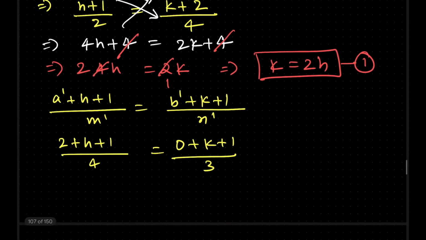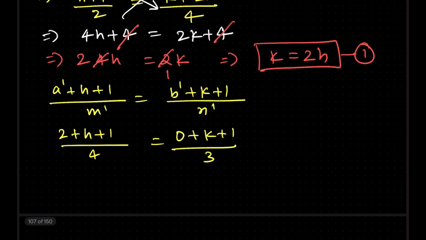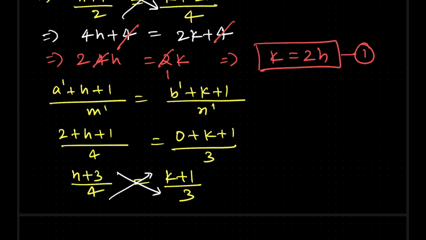So now solving it, h plus 3 by 4 is equal to k plus 1 by 3. So cross multiplying it, here you get 3h plus 9 is equal to 4k plus 4.